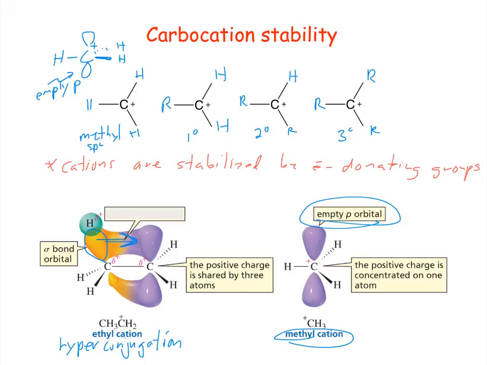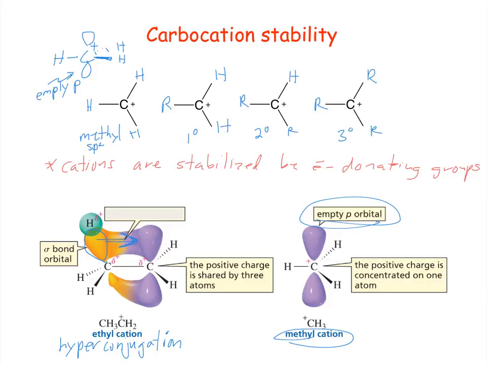All right, this can only happen if we have sigma bonds on the atoms adjacent to the carbocation. So if we have a methyl carbocation, like up here, there's no sigma bonds that can line up with the p orbital, so this has no hyperconjugation. If we had one alkyl group, that can have some hyperconjugation. If we have two, both of them can have hyperconjugation. If we have three, all three of those.